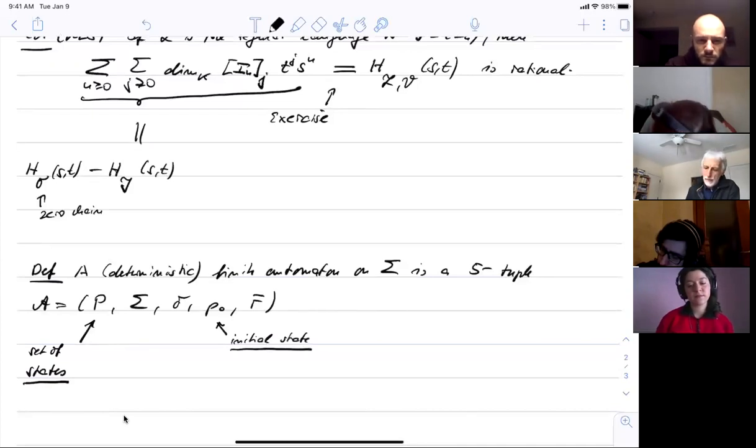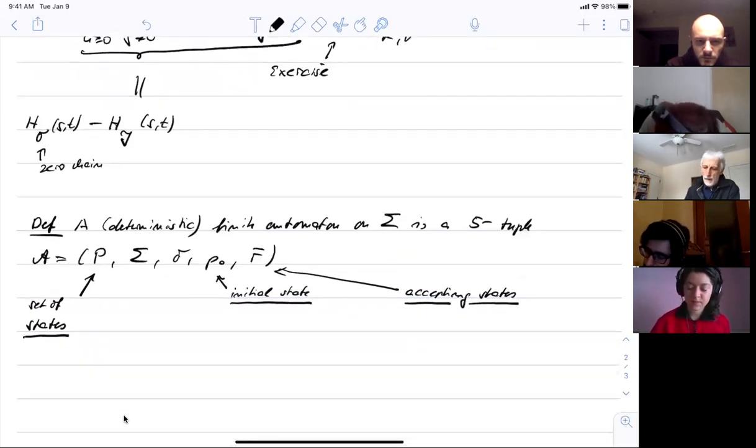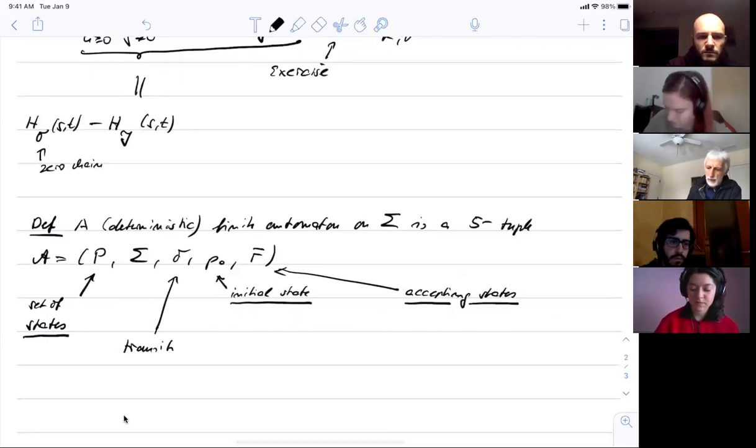And then F are the states where we can leave, the accepting states. And then delta, this is the so-called transition map.